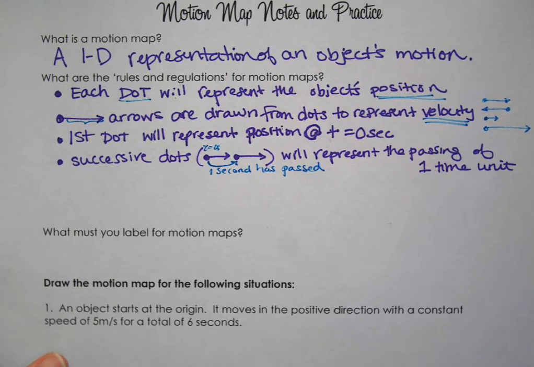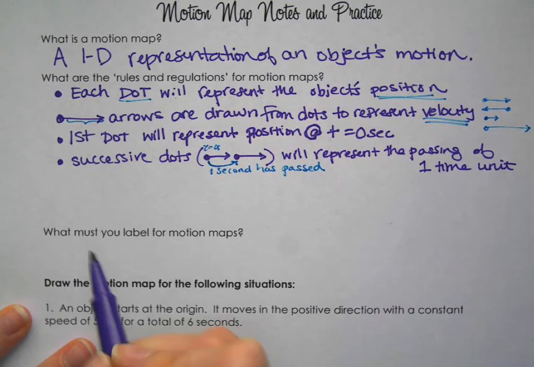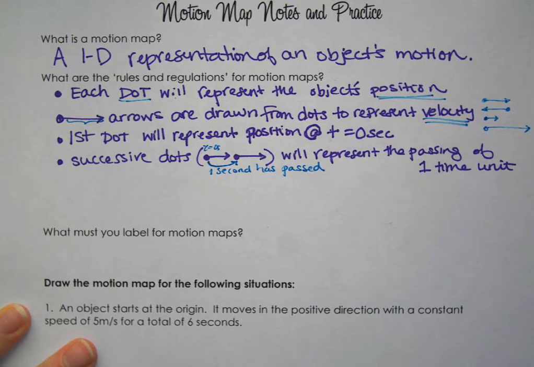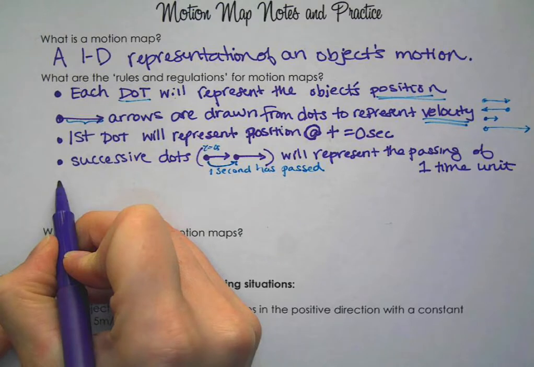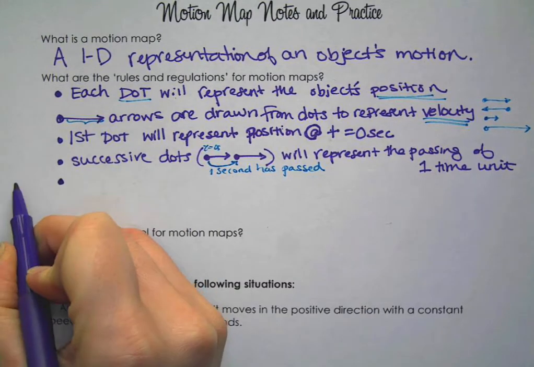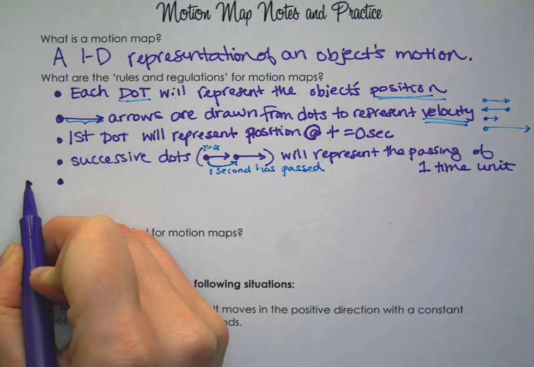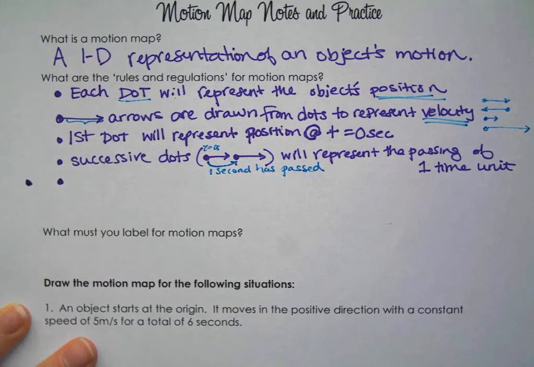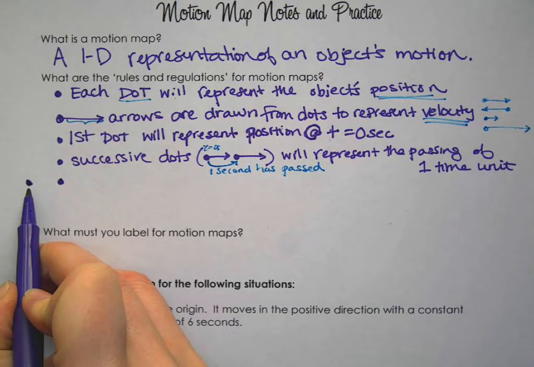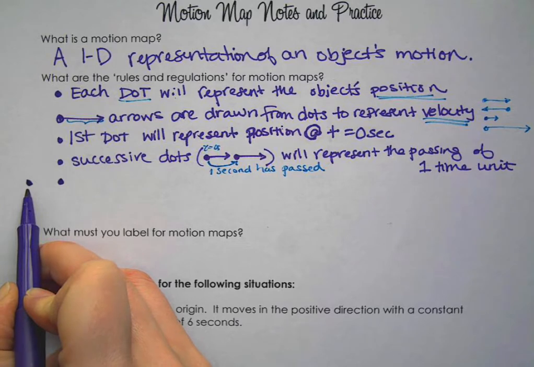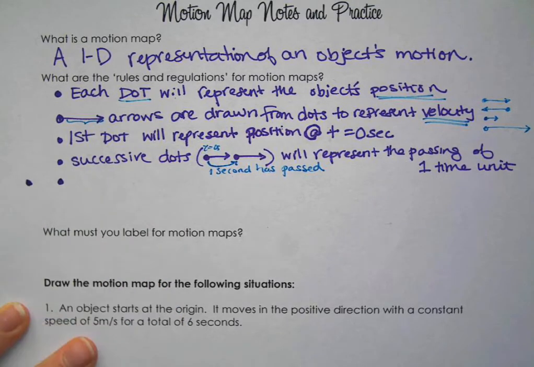We get to some situations where perhaps the object is standing still. And on a position time graph, that would have been represented by a horizontal line. But for this, if I'm trying to show you dots and the object's not moving, the dots just keep overlapping. If you were to guess how many times or for what amount of time I had made those dots, you wouldn't be able to tell because they're directly on top of each other.